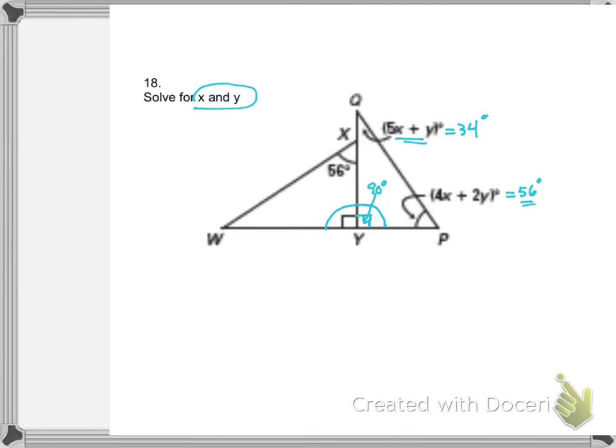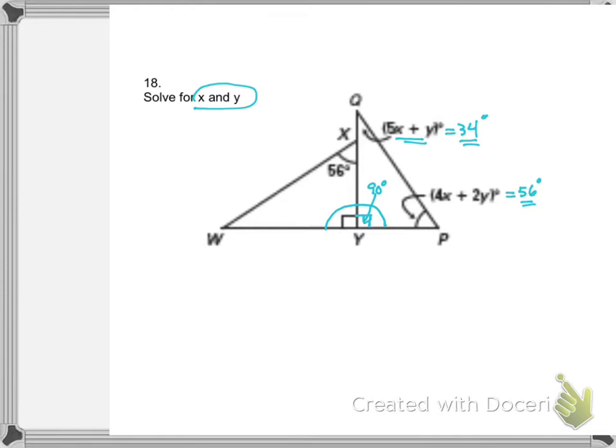The next two angles have to sum to 90 so that I have 180 degrees in total. I knew one of them was 56. I just used subtraction from 90 to get the 34. So I know now that 34 plus 56 plus 90 equals 180. I know I'm good. I have not yet solved for x and y.